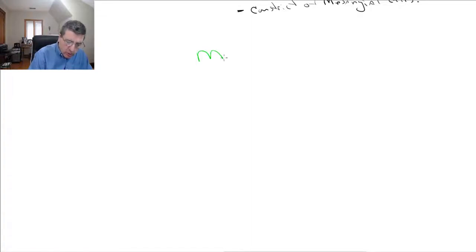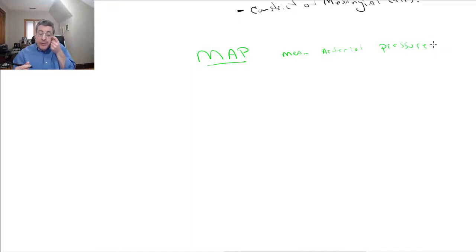So we're looking at MAP, or mean arterial pressure. Okay. I wonder how you figure that one out. Now, your afferent arteriole responds to MAP, mean arterial pressure.